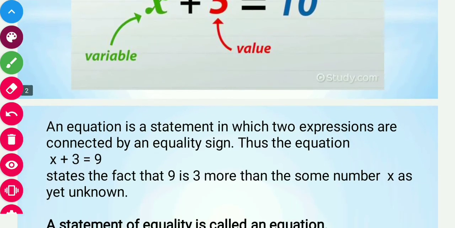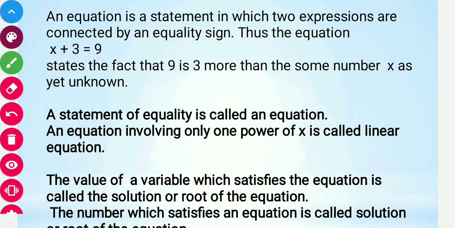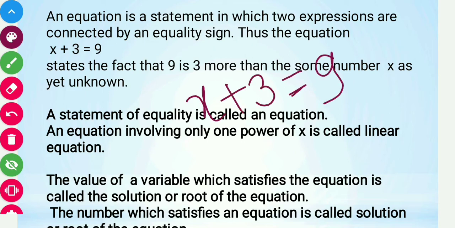Next we'll see some more examples. An equation is a statement in which two expressions are connected by the equality sign. In our last lesson we saw expressions; here the expression is x plus 3 is equal to 9. So x plus 3 is an expression, which means that 9 is 3 more than some variable x which we don't know.